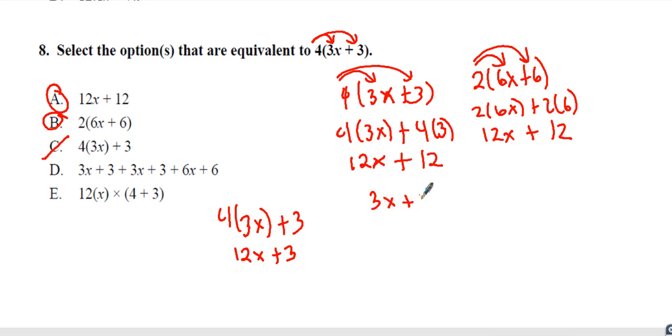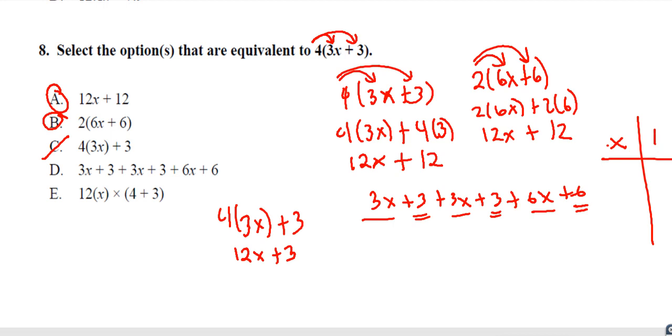D, if I have 3x plus 3 plus 3x plus 3 plus 6x plus 6. I have x's. I have numbers. So if I make my boxes, I have an x column, and I have a number column. I have 3x, another 3x.